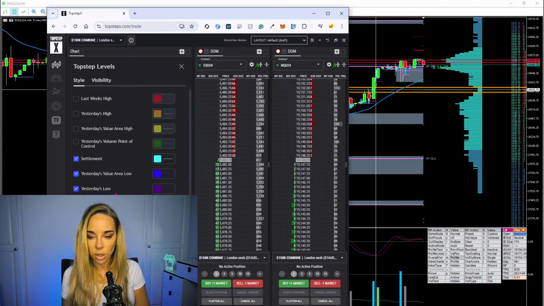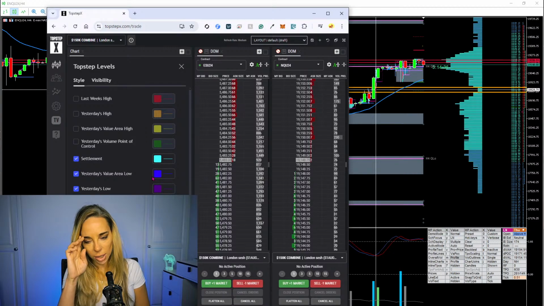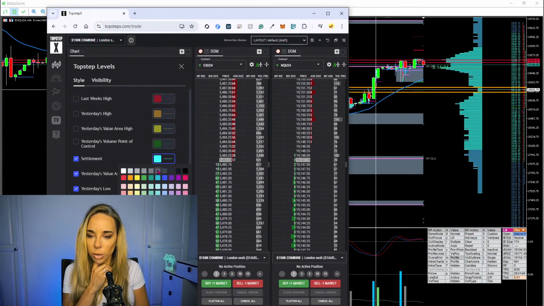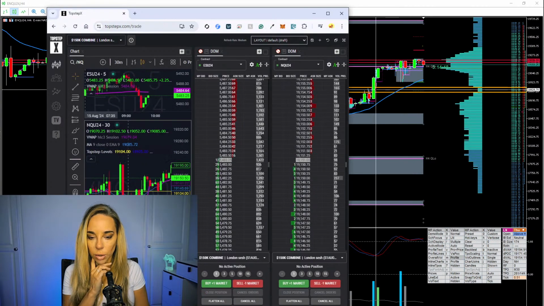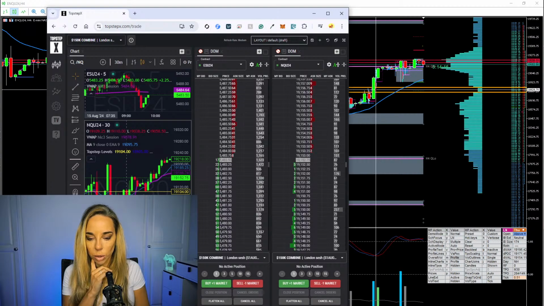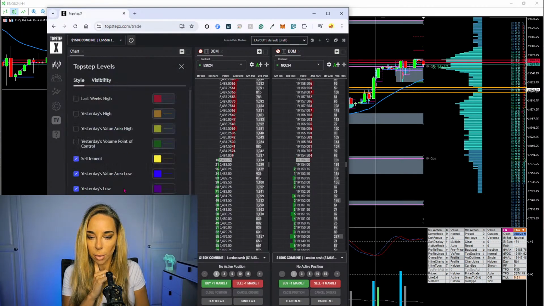I might change the colors of these because with the lights, I'm finding it very difficult to see anything. So let's do settlement as yellow because that used to be something on T4 that I'm used to. And then I'm just going to mark up yesterday's low as a red color. Where's red? Okay, and make it a bit thicker.